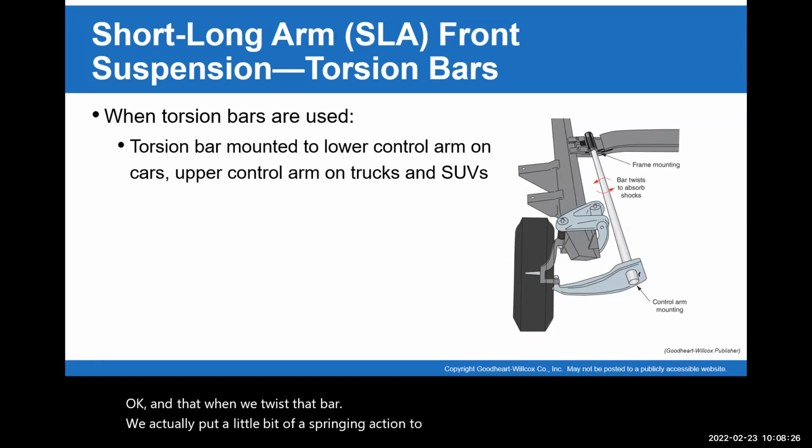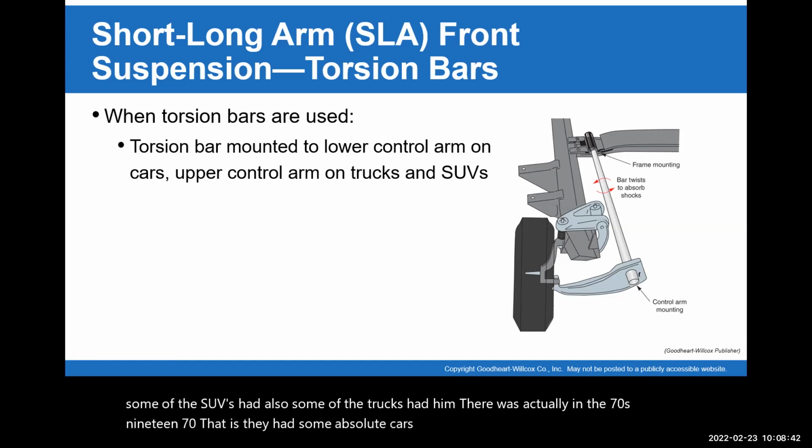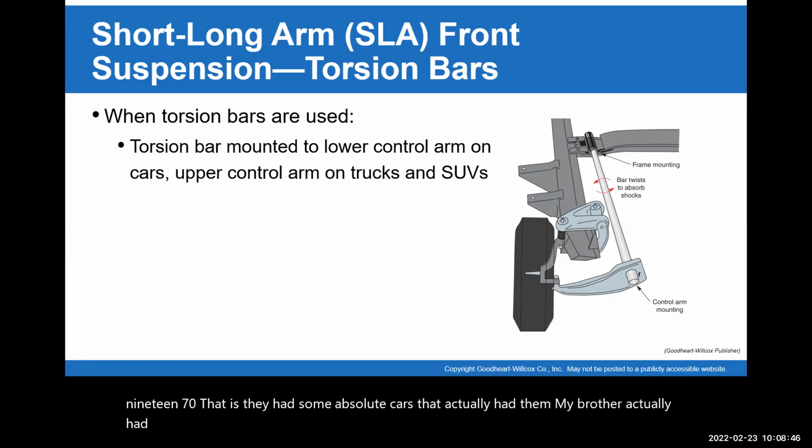And this is another way that they did it. Some of the SUVs had them, and some of the trucks had them. There were also some cars in the 1970s that had them. My brother had a Dodge product that had torsion bars, and it made it a lot easier for him to lower his vehicle.